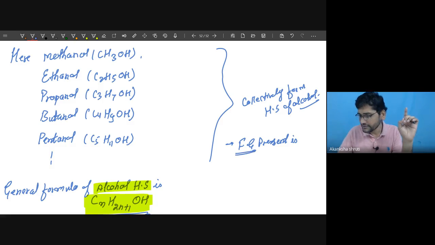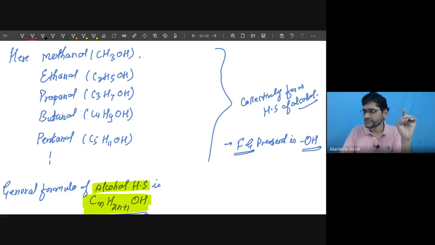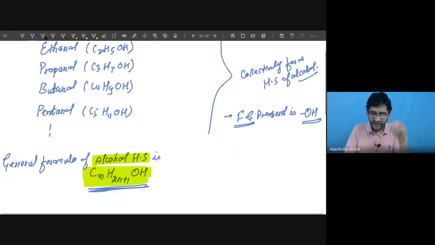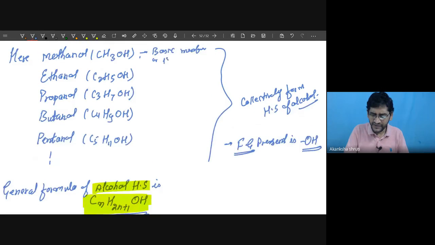If anyone asks you the functional group, you only have to write this much, not methanol, ethanol, propanol. But if the homologous series is asked, then you have to write a few of its members like this. This is the basic or starting member, or first member. This is the second member. This is the third member.